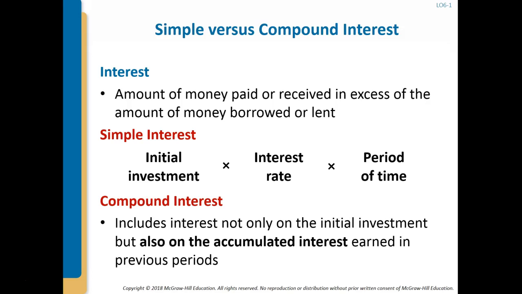While compound interest occurs when money remains invested for multiple periods. So it results in increasingly larger interest amounts for each period of the investment. The reason is that interest is then being generated not just on that initial investment amount, but also on the accumulated interest earned in the previous periods.